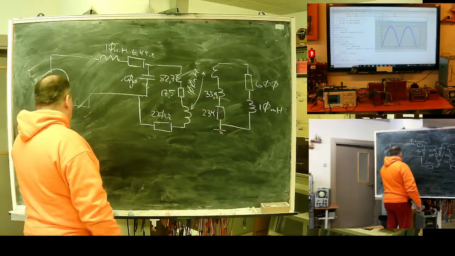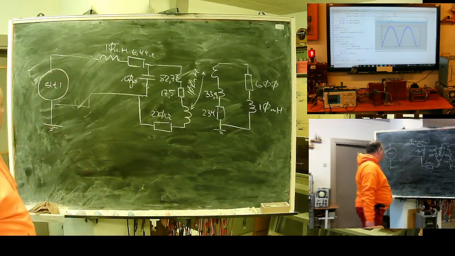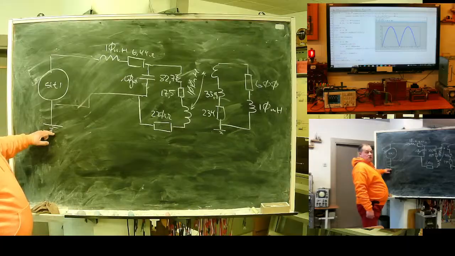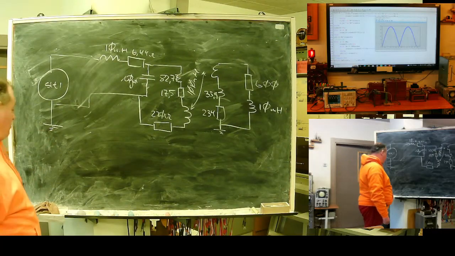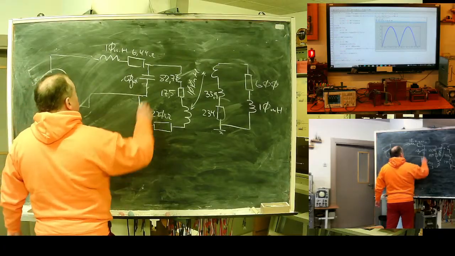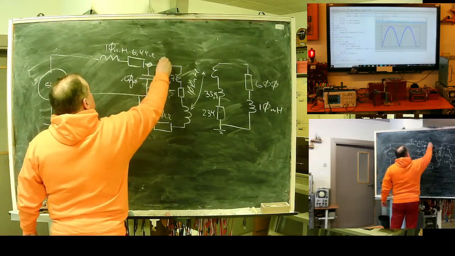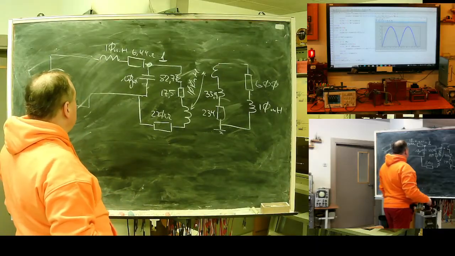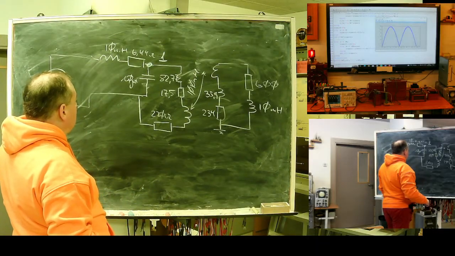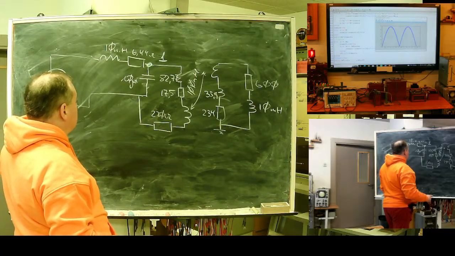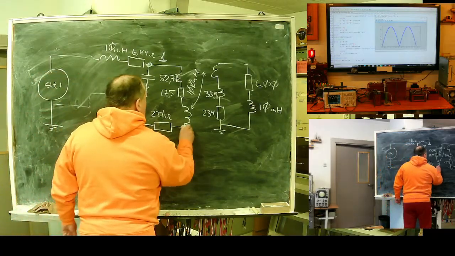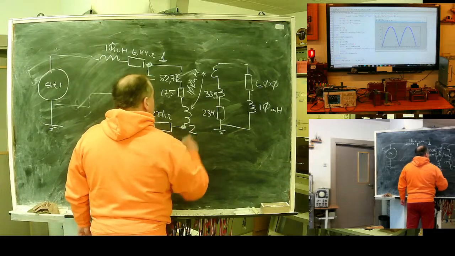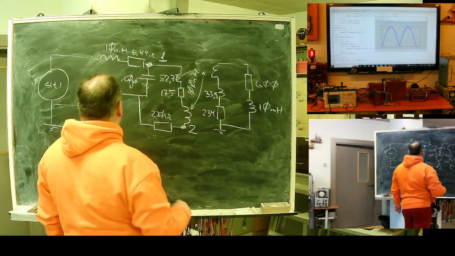First, I need to select a base node. Here, where my scope is attached, this will be my base node. When I have the base node, I need to mark other nodes and assign them numbers. A node will be any point where I can attach my scope, where I can get voltage.